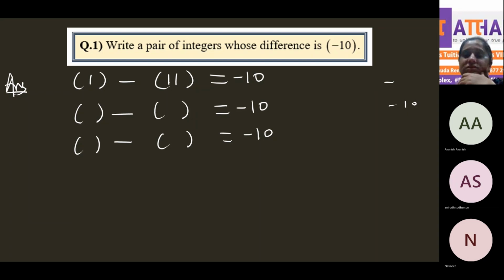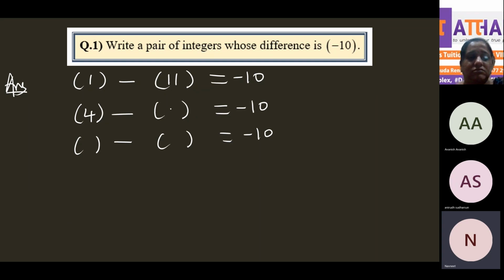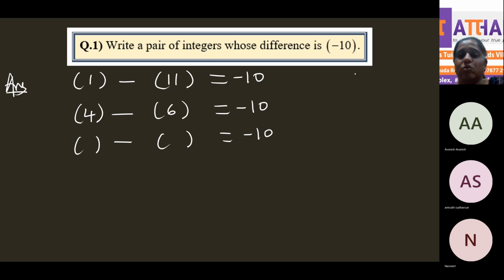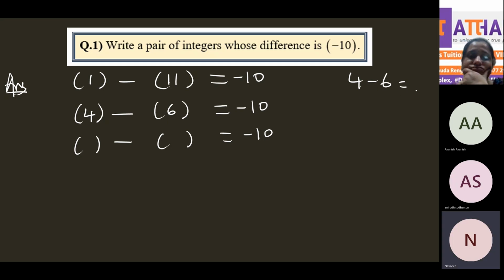Yes, ma'am. 4 and 6. Okay, so what is this? 4 minus 6, is it? Yes, ma'am. What's the answer? It's equal to minus 10. Do they have the same signs or different signs? Different signs. So what should you do? Add or subtract? Subtract.